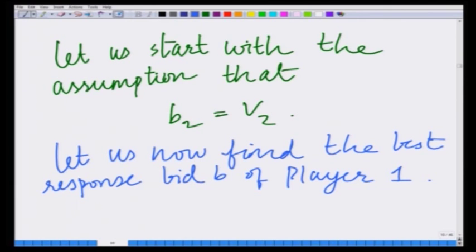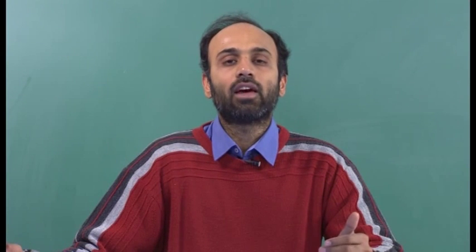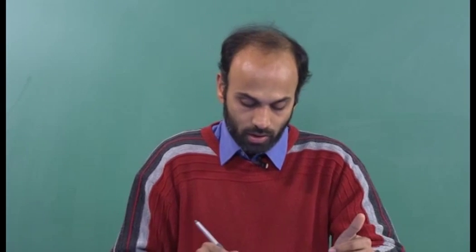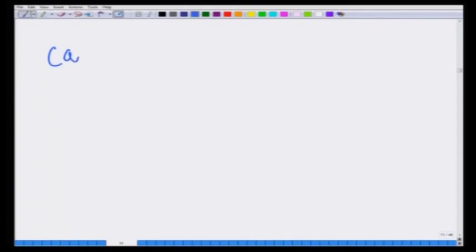For this, let us consider two scenarios. Let us assume first that the valuation V1 is greater than or equal to V2. Let us consider the first case, case 1: let V1 be greater than or equal to V2.